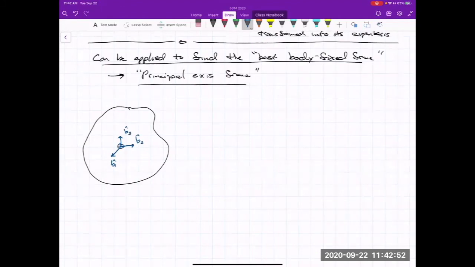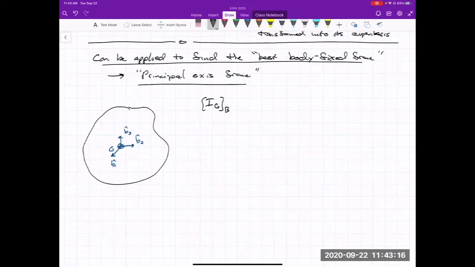And this could be centered at some origin or maybe at the center of mass. I'll just put the center of mass here just for kicks. I've got the moment of inertia about the center of mass with respect to this B frame. And this will be some set of numbers.